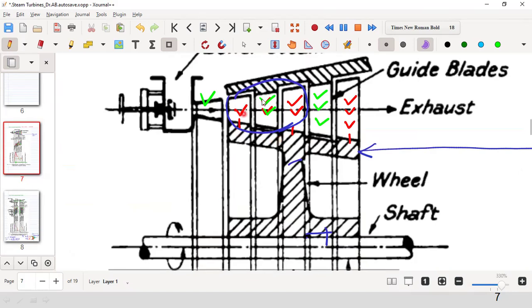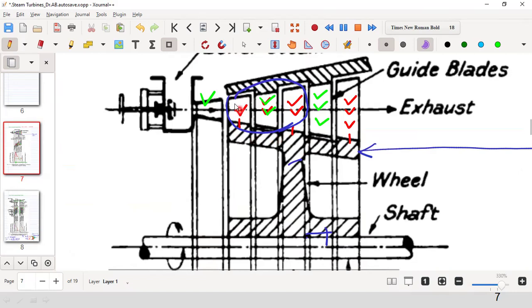As you can see, these are red ticks: single red, double red, and triple red tick. These three taken together is called the 3 row wheel.